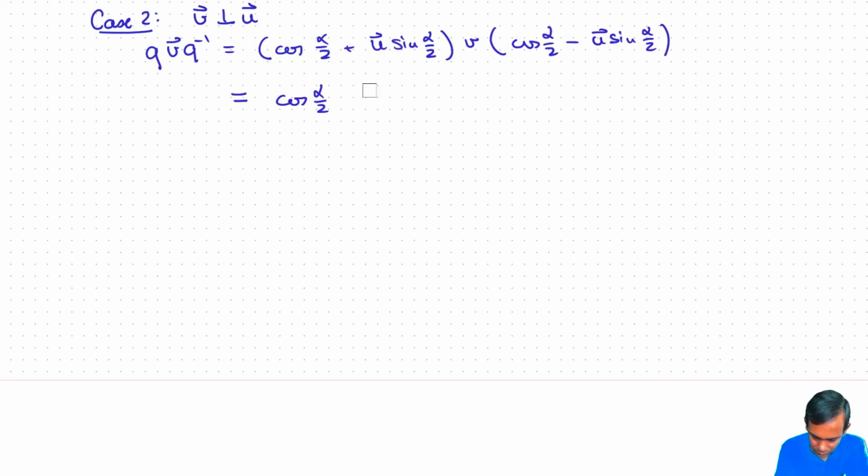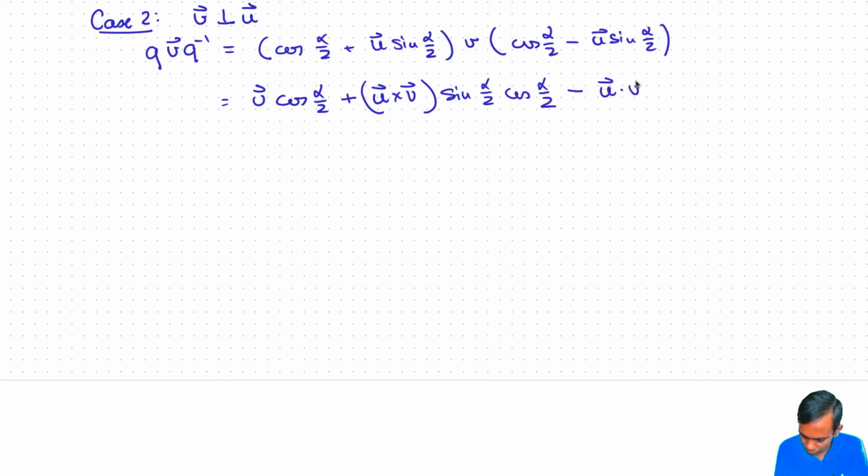Let me write it as v cos alpha by 2, and u cross v sine alpha by 2 cos alpha by 2 minus u dot v, but u is perpendicular to v, so that term will go away.